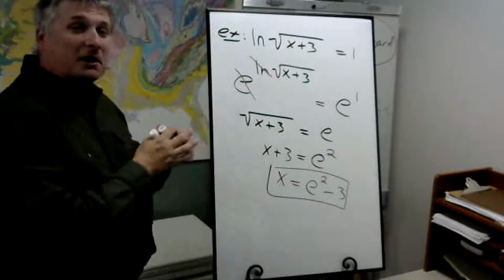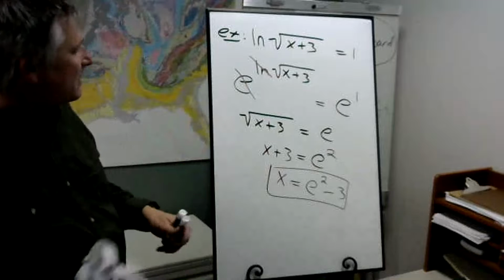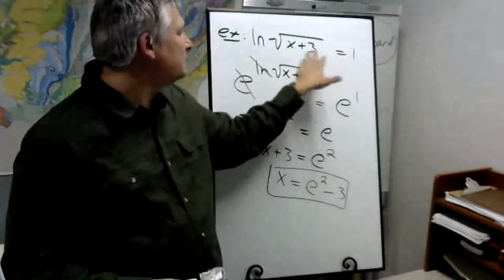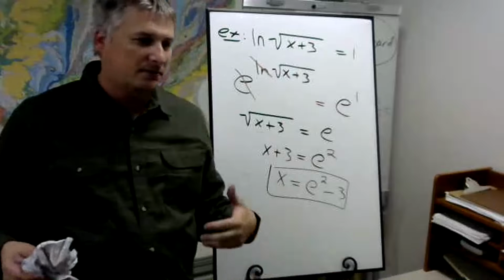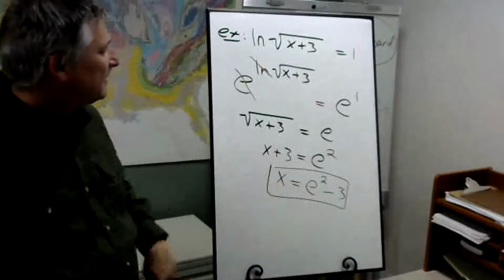So there you go. So sometimes you'll have to take both sides and make them exponents of some base.